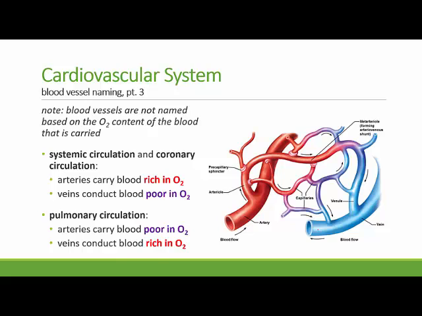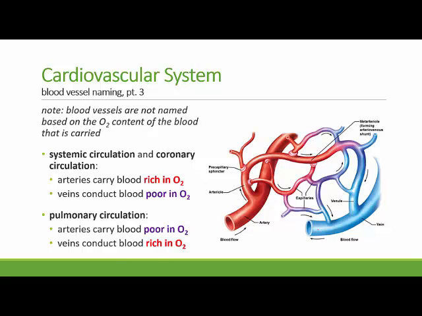And so the veins that are returning to the heart are carrying blood that is depleted in oxygen. But in the pulmonary circulation, this is the right side of the heart, the blood that is leaving the right ventricle, because this is blood that has just been out to the body and has not yet been to the lungs.